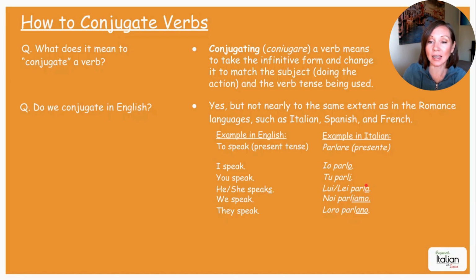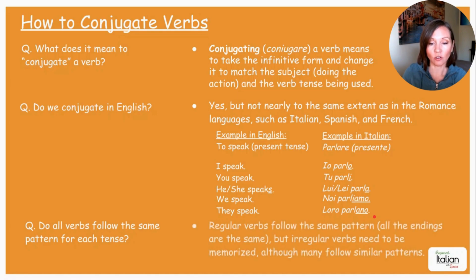So you see how the ending is different on every single one of these verbs? That's what we mean by conjugating. And this is just the present tense, for example. Do all verbs follow the same pattern for each tense? Regular verbs follow the same pattern. All the endings are the same. But irregular verbs need to be memorized, although many do follow similar patterns.